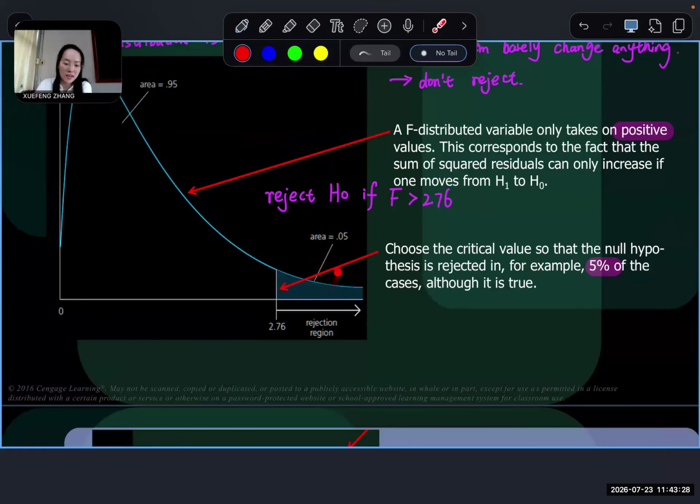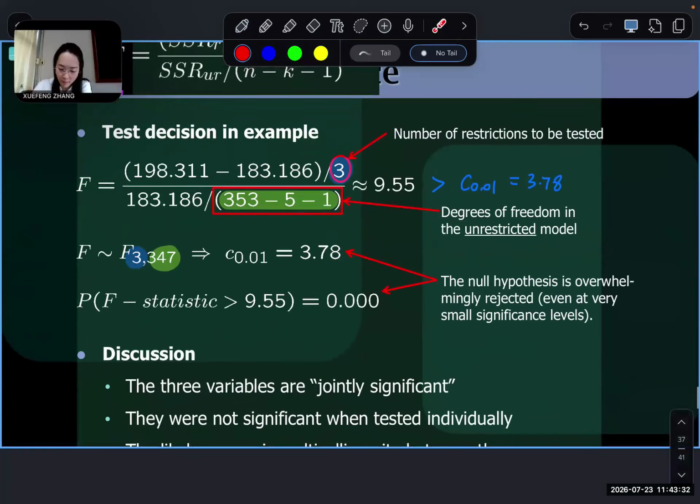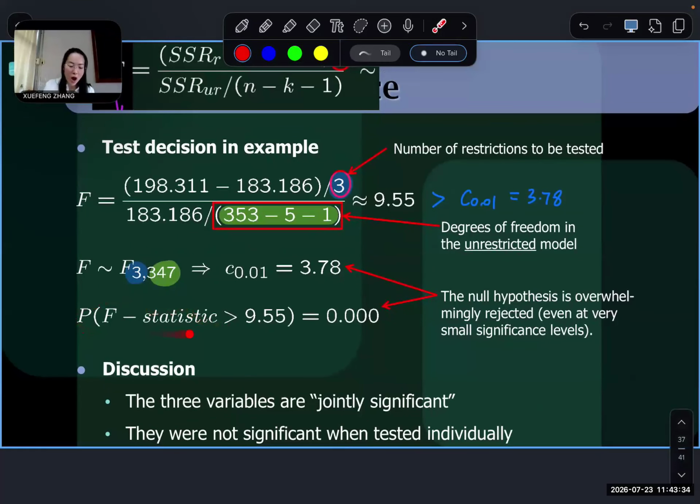So in this case, our p-value will be extremely small, close to 0. This means the null hypothesis is overwhelmingly rejected. We have strong evidence to reject H0.